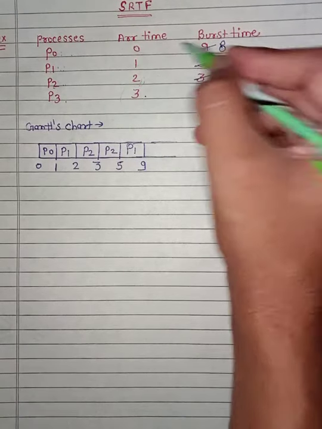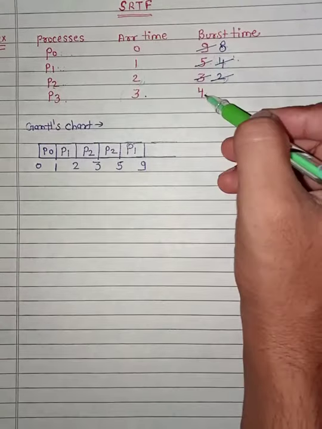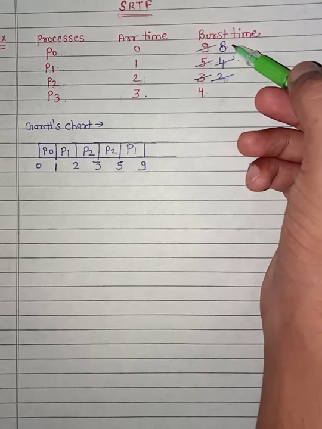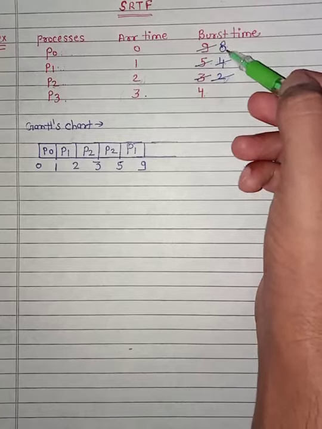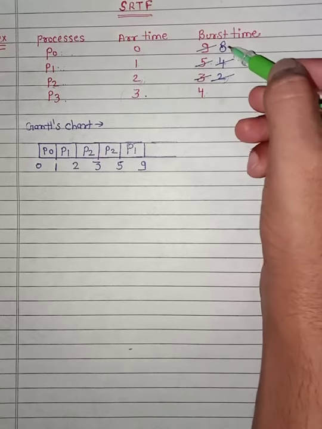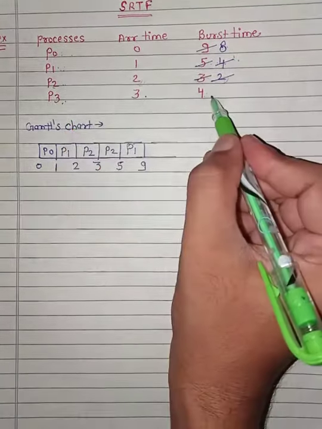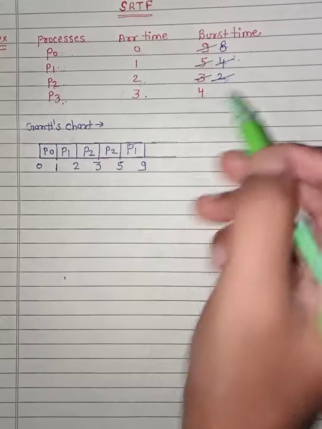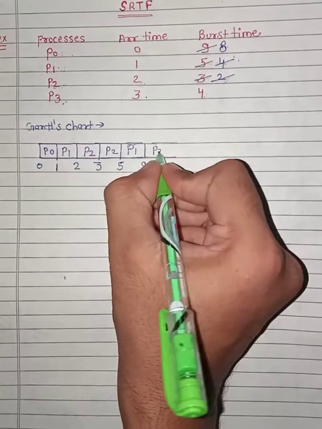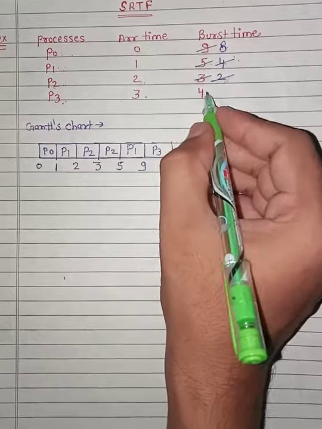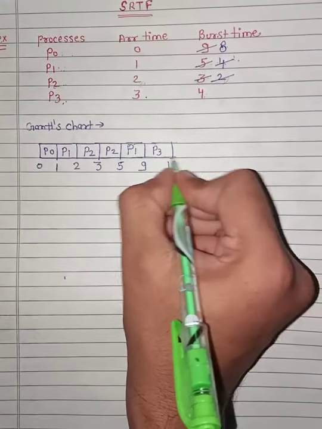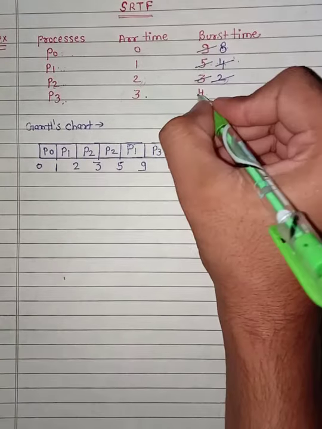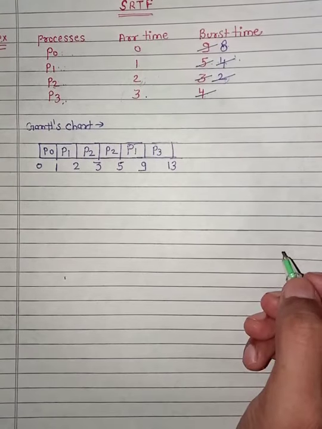Now among P0 and P3, these both processes are available in the ready queue. So P3 is the shortest, and it will execute for 4 units of time, 9 plus 4, up to 13, and it will complete its execution.